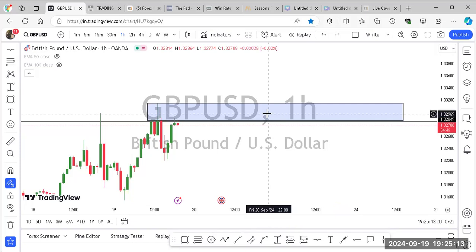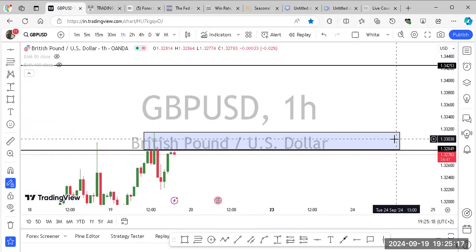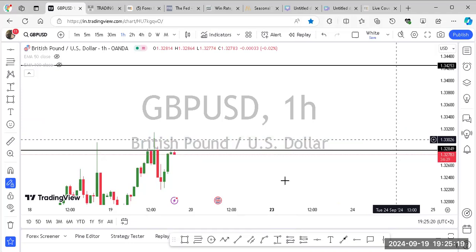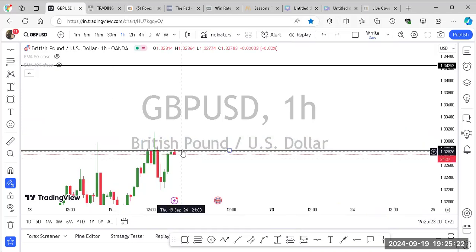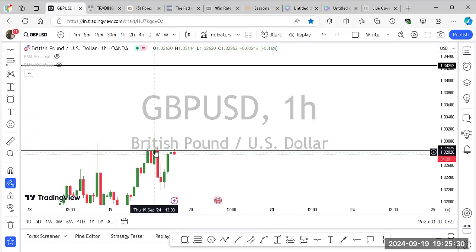Because normally, if you don't acknowledge the wick, you just remove it for now and you say, okay, this is where I'm going to enter. Where is your stop loss going to be? Sometimes it's going to be somewhere in between your body of the candle and the wick.